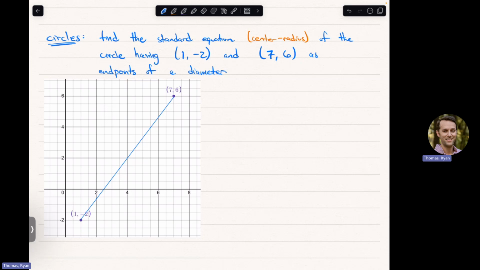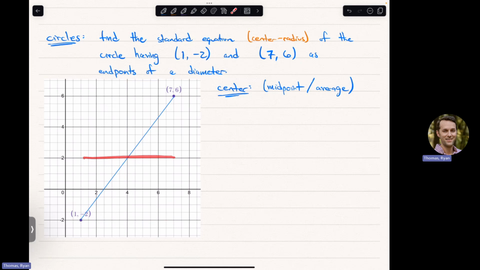Again, we got to find two things. Let's start with the center. The center is the midpoint of that line. And the way you find the midpoint is by taking the average. So the point in the middle is going to be the point that's halfway in between in both the left right sense.